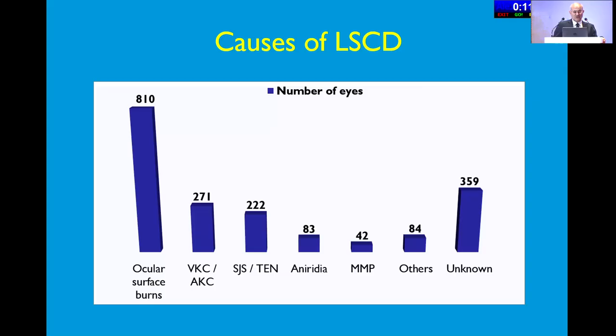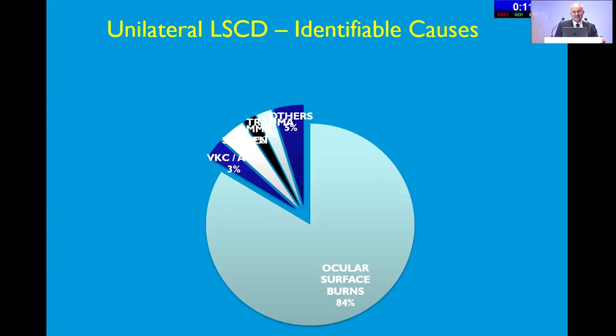This is the distribution of each cause. Ocular surface burns are by far the commonest cause. Then comes VKC and AKC, mostly VKC, I would say. AKC is very less. Then SJS or TEN, aniridia, mucous membrane pemphigoid, and unknown causes. If you look at the unilateral causes, 85% of the patients are due to surface burns.